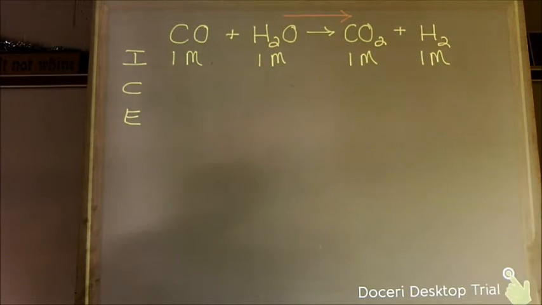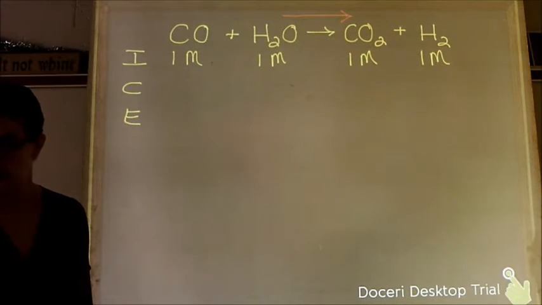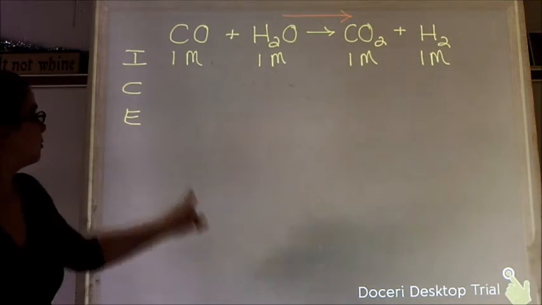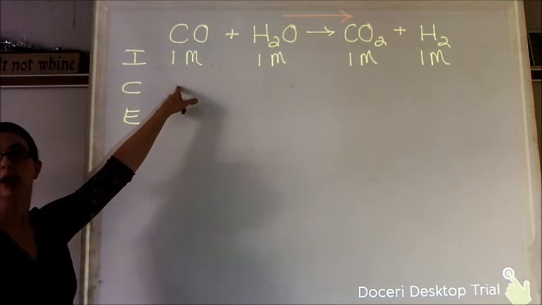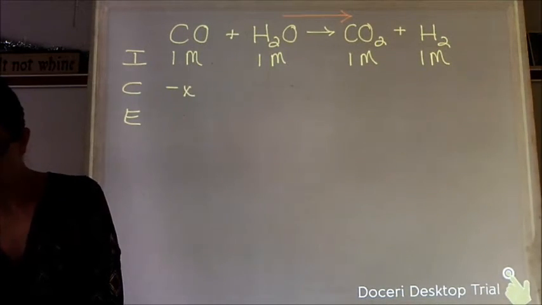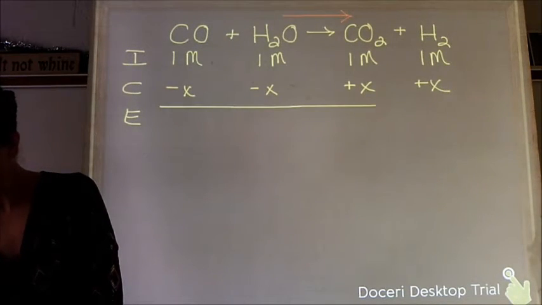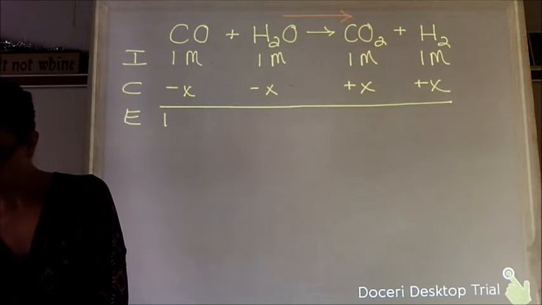So you guys tell me, what do I write in that spot right there? Minus X under H2O? Minus X, plus X, plus X. Just going to bring everything down.